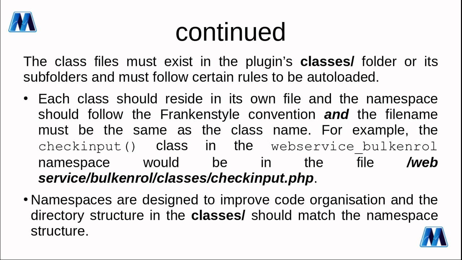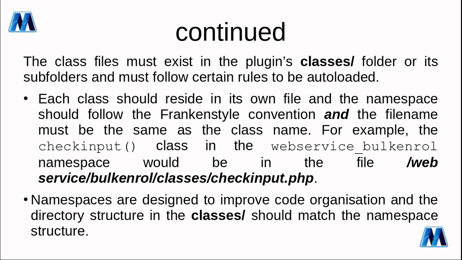Okay. So the class files that you want auto-loaded must exist in the plugin's classes subdirectory and its subfolders, and they need to follow certain rules to be auto-loaded. Some of the rules: each class should reside in its own file, the namespace should follow the Frankenstyle convention, and the file name and the class name need to be the same.